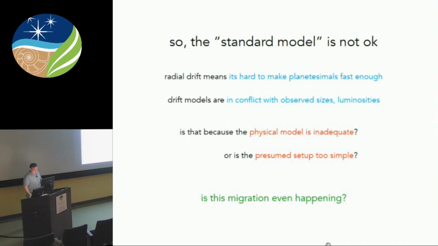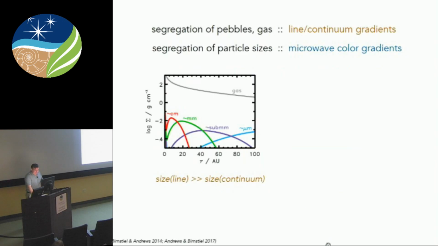And so we really want to know this question. When you look at the data and when you think about this, you have to ask yourself, is this migration of the solids even happening at all? What's the observational evidence for that actually to happen? There's plenty of theoretical predictions, but what is the observational evidence? And so now I'm going to focus on that.